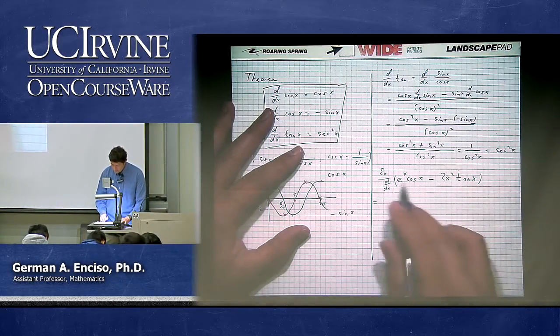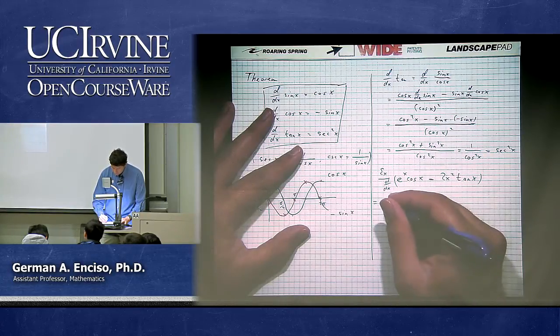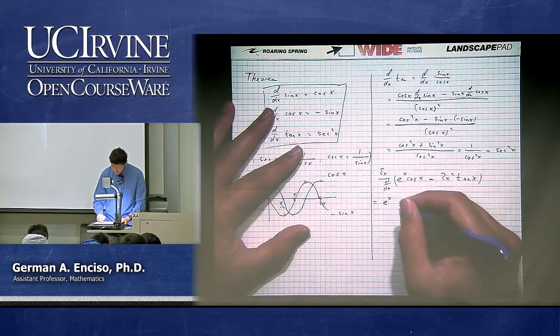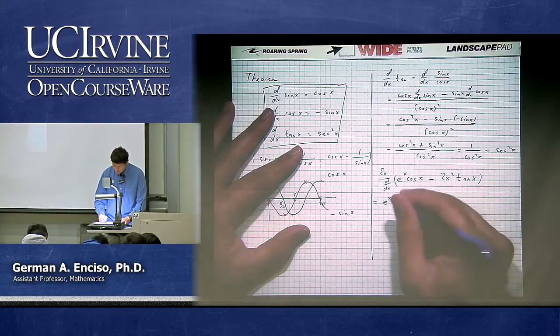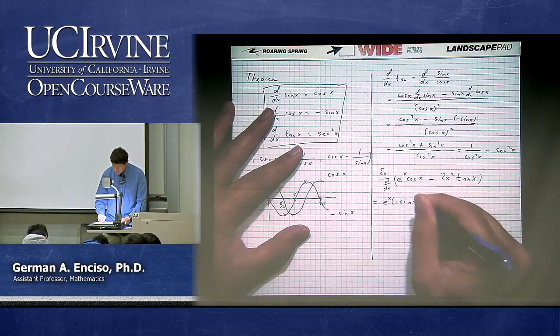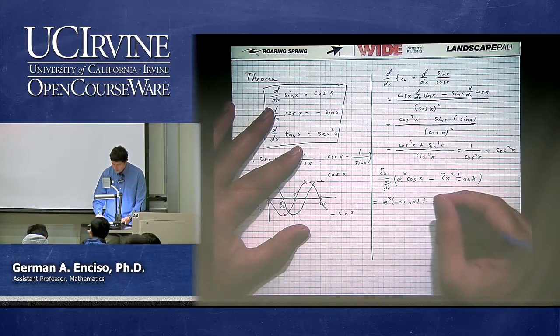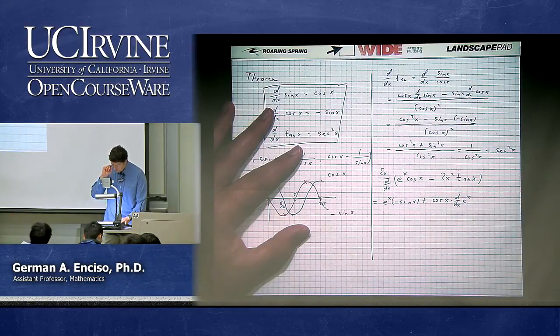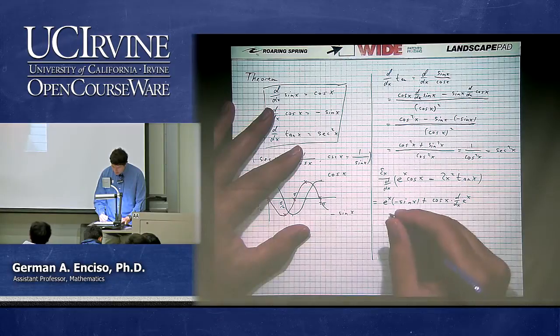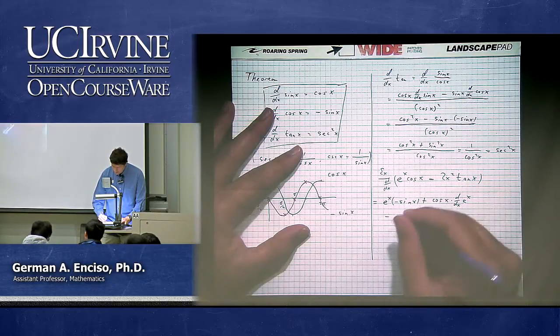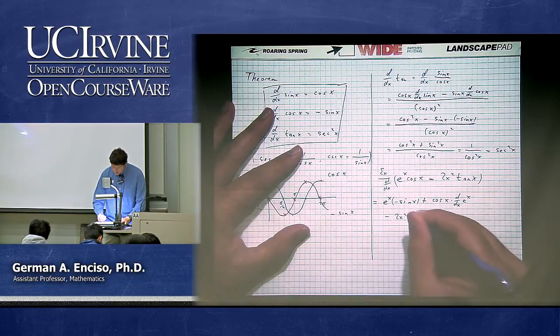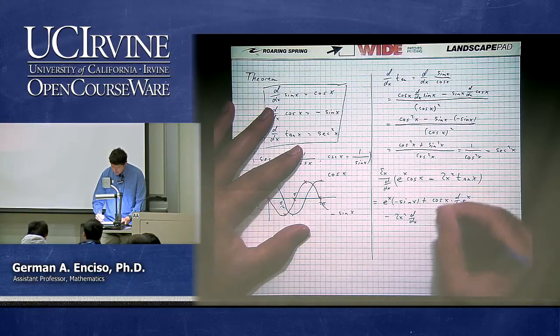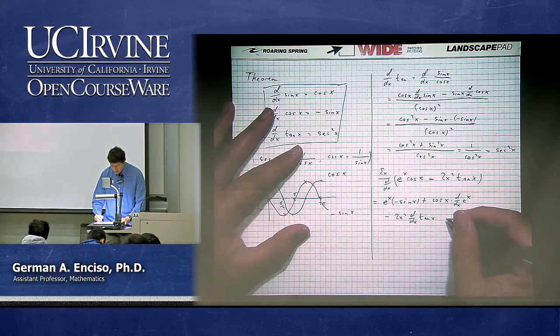And the derivative of this is e to the x times the derivative of cosine, which is minus sine of x, plus cosine of x times the derivative of e to the x, and then a minus 2x squared times the derivative of tangent x, and then plus or minus again?